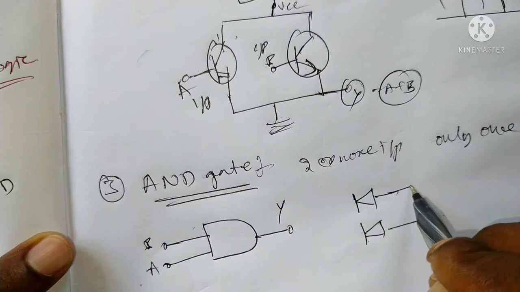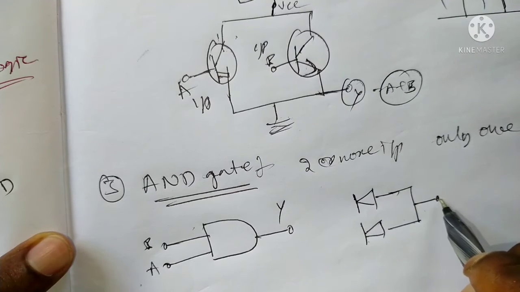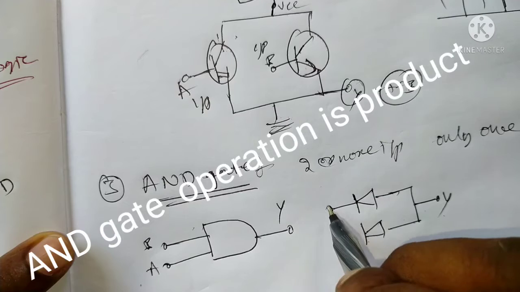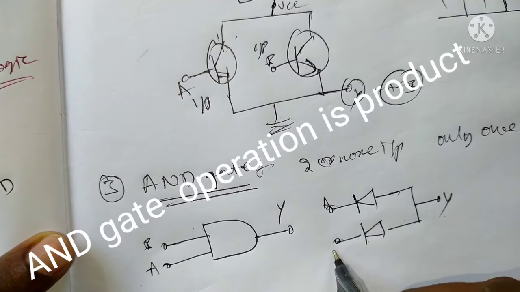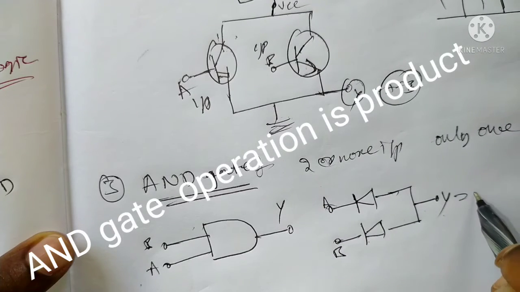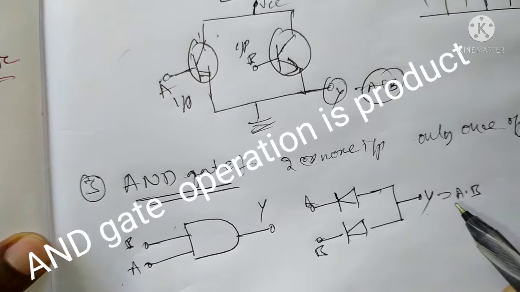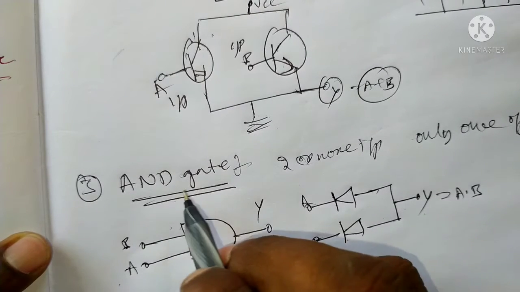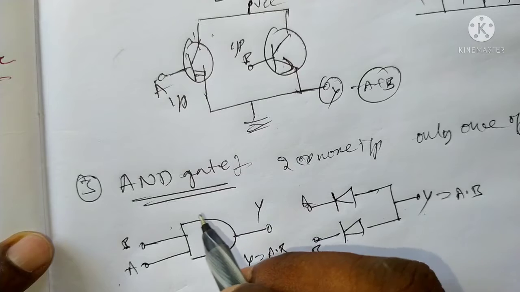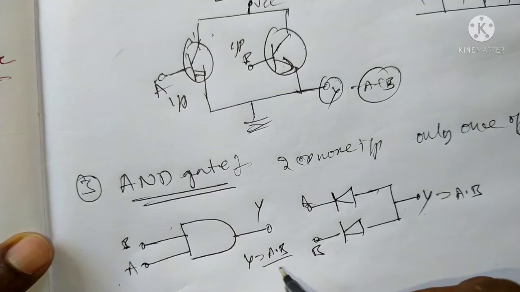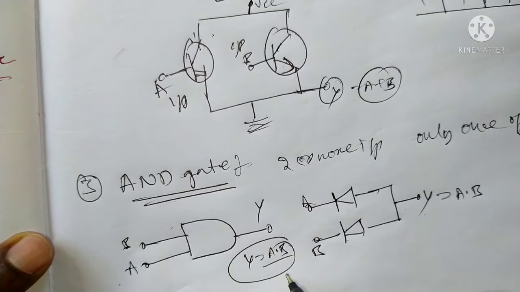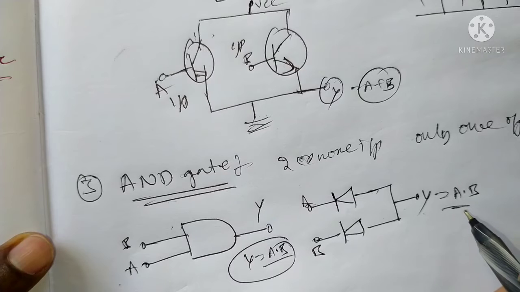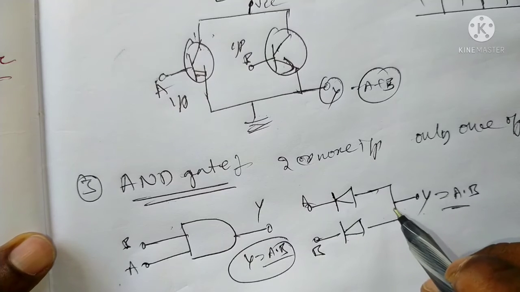This is the AND gate: Y is equal to A dot B. The AND gate is the product of two terminals, so the result is A dot B in the electronic circuit.